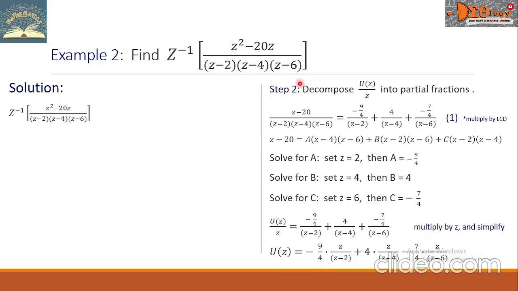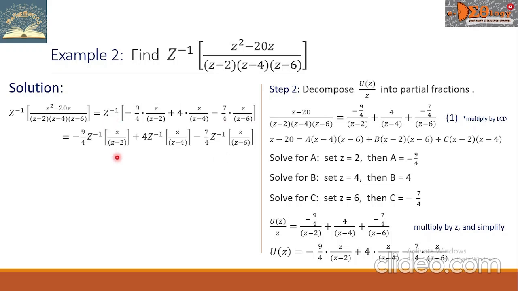Next, let us write again our problem in here. Then let us represent our fraction using our partial fractions. After that, let us show that we're going to take the inverse z transform of each of the fractions. Also, we're going to put the constants in front of the symbol z inverse. So it becomes like this.